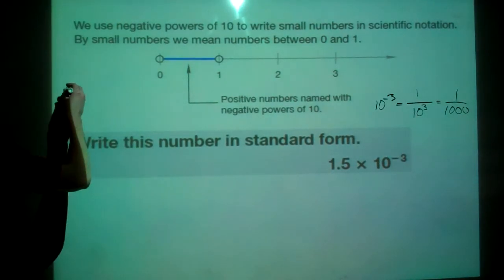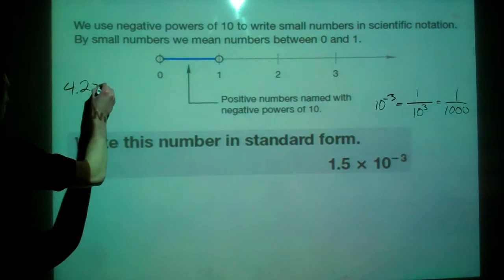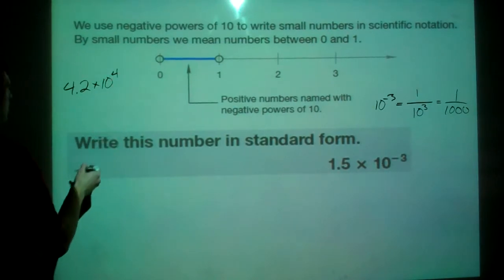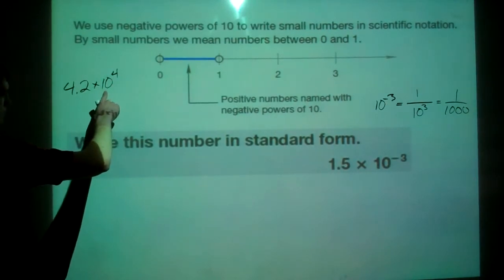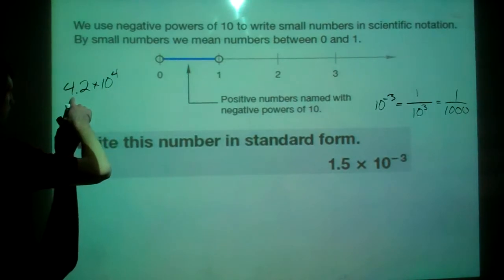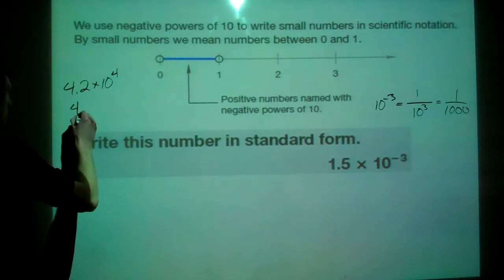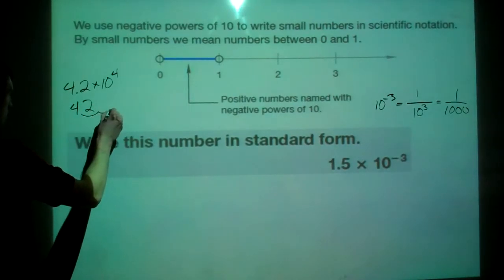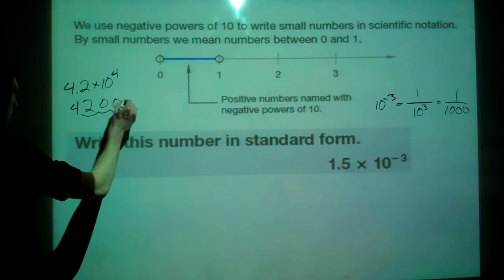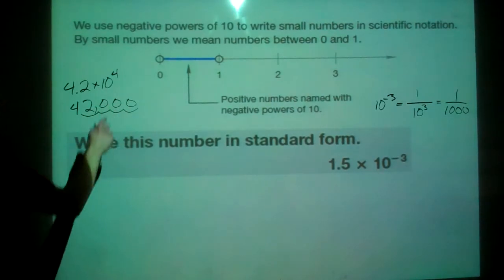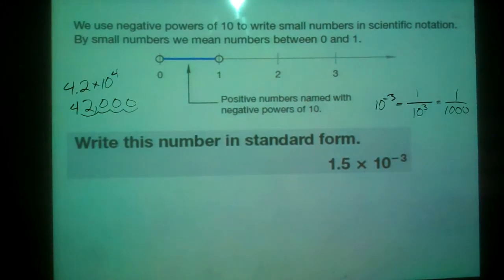However, we have a little shortcut, just like we would do with our large numbers for scientific notation. Remember, if we had like 4.2 times 10 to the 4th, this was times what? 10,000, and we would move our decimal 4 spots, so it would be 1, 2, 3, 4, and we would get 42,000. Our shortcut was to just move our decimal 4 spots to the right.